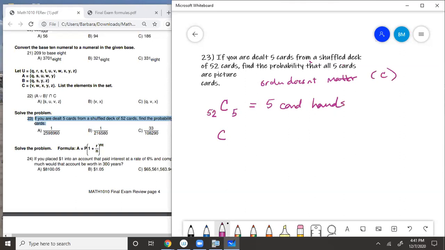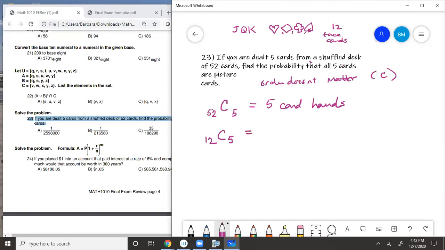And then the total number of 5-card hands that are all picture cards. So again, it's 5, but we need to know how many picture cards are in a deck. We know there are Jack, Queen, and King of hearts, diamonds, clubs, and spades, right? So 3 times 4, there's 12 face cards in a deck, which they call picture cards. So there's 12 picture cards taken 5 at a time.